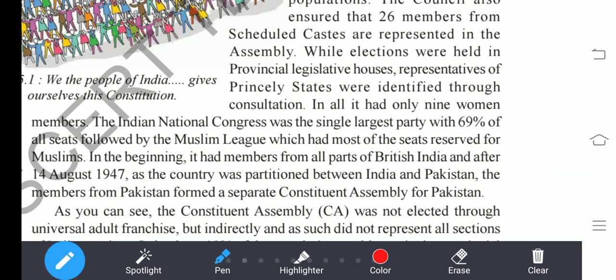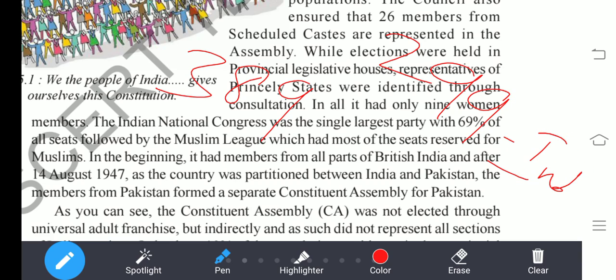Understand? In these 389 members of the Constituent Assembly, 299 members belonged to India, and the remaining 90 members belonged to Pakistan.